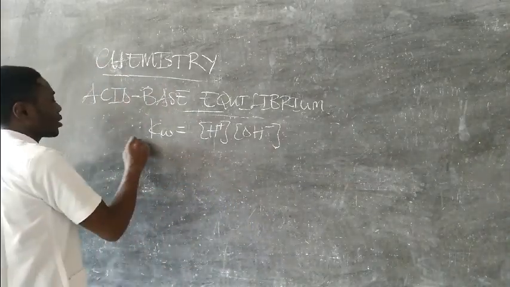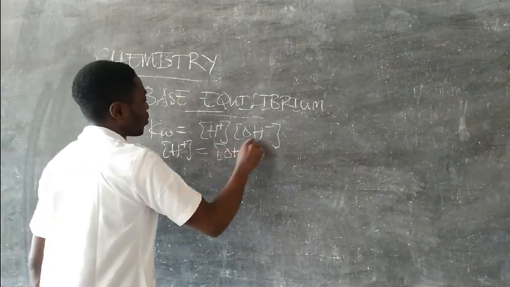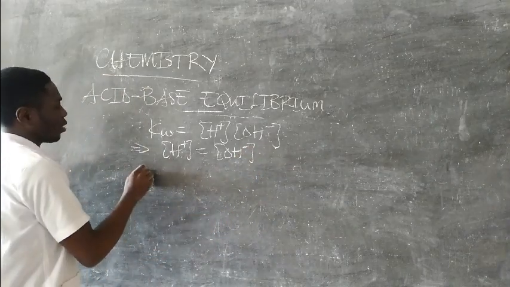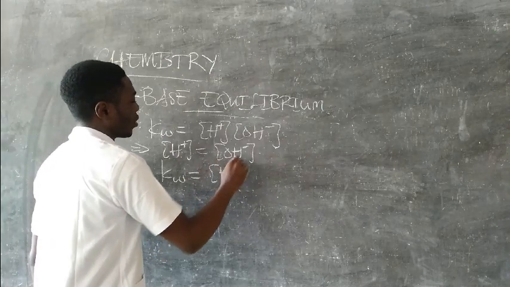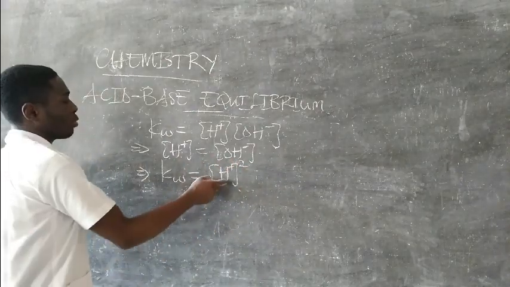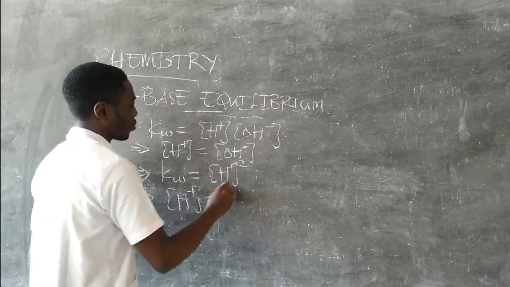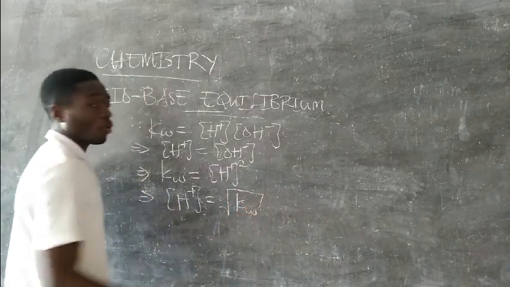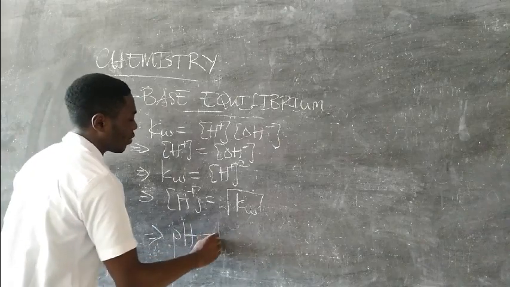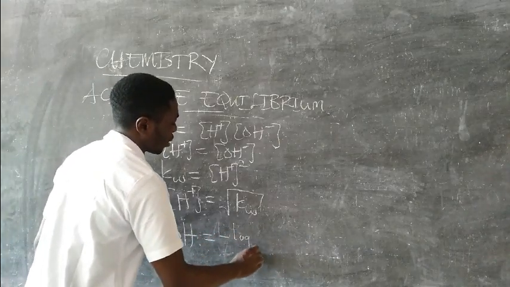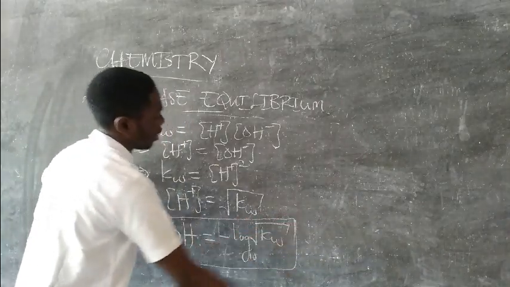So the concentration of H plus will be equal to the concentration of OH minus. And so you can write Kw of water as the concentration of H plus, all squared. It means that the concentration of H plus in water will be equal to the square root of Kw of water. And it implies that the pH of water will be given as negative log to the base 10 of the square root of its Kw at any point in time.